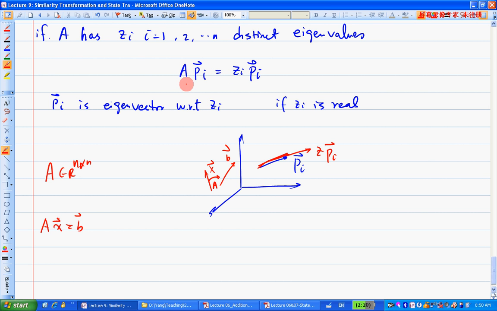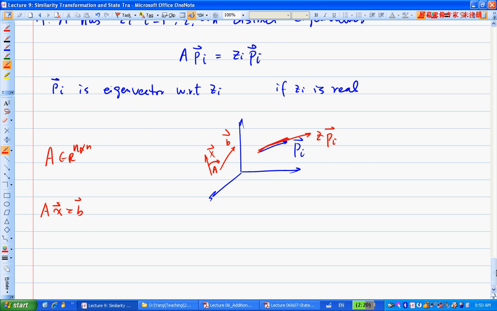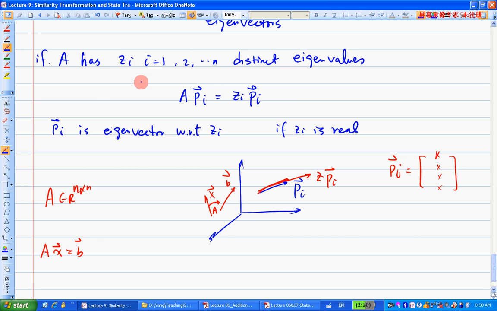Geometrically, remember, this p_i is a vector. So in 3D space or whatever, there is a whole bunch of values right here, depending on the dimension. Now we're talking about A having n distinct eigenvalues.